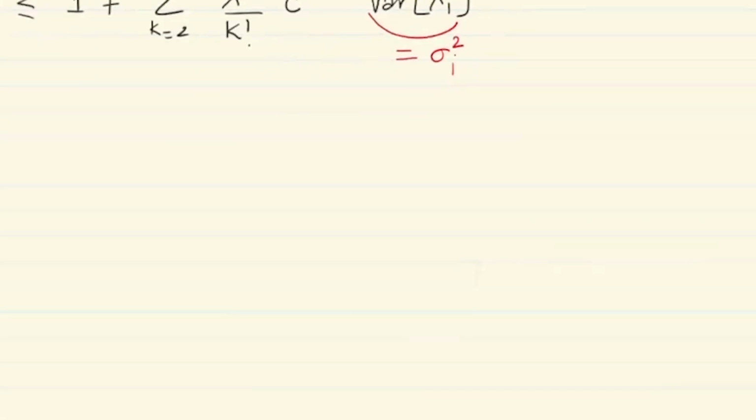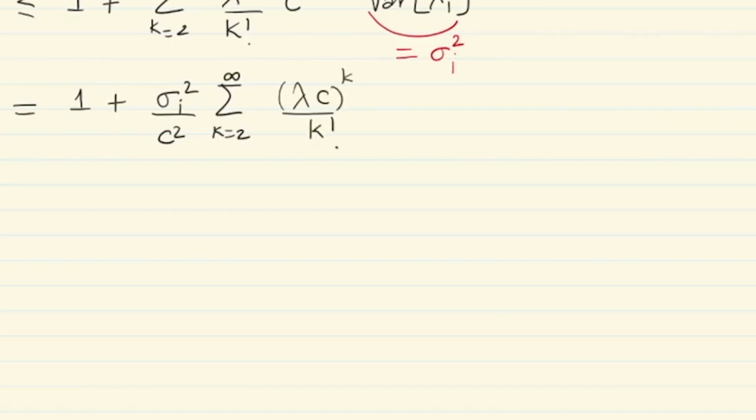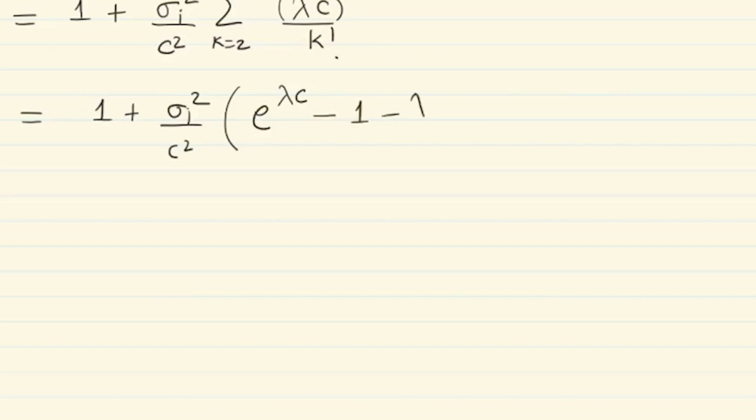So finally what we have is the expression 1 plus sigma i square by c square, sum over k equal to 2 to infinity, lambda c raised to k by k factorial. I've taken out the c to the minus 2 outside, and this in turn is just 1 plus sigma i square by c square, times the power series expansion of e raised to lambda c minus the first two terms, minus 1 minus lambda c.